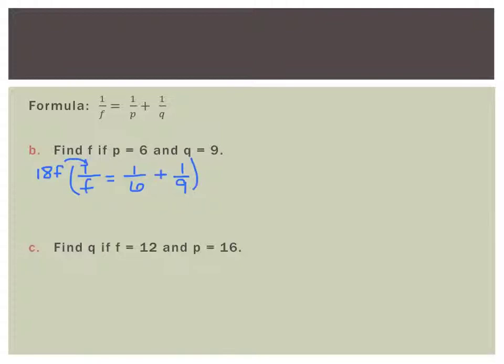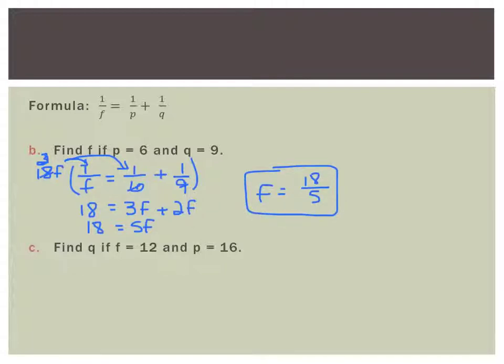When I multiply 18f times 1 over f, the f's cancel, and I'm left with 18 equals, 6 goes into 18 3 times, so 3f. And then 9 goes into 18 2 times, so plus 2f. So now I have 18 equals 5f, and when you divide both sides by 5, we get f equals 18 fifths.